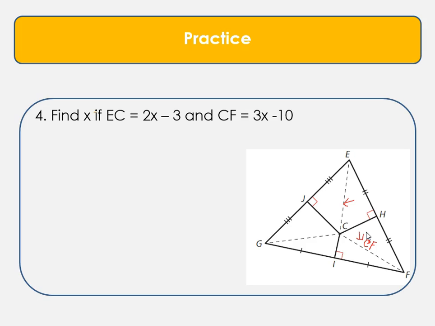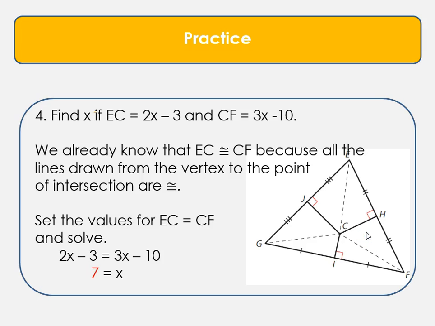Go ahead and pause the video and do your answer. So because these were equidistant lines, we know that we can set the values equal to each other. So EC equals CF, 2x minus 3 equals 3x minus 10, and if you combine like terms, x equals 7.